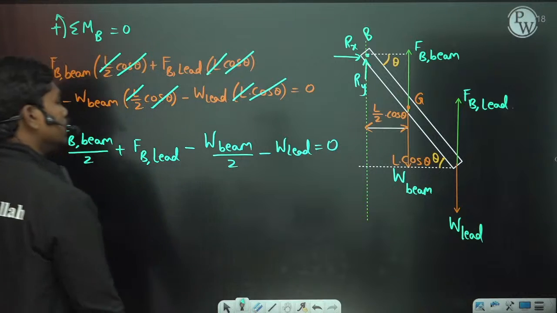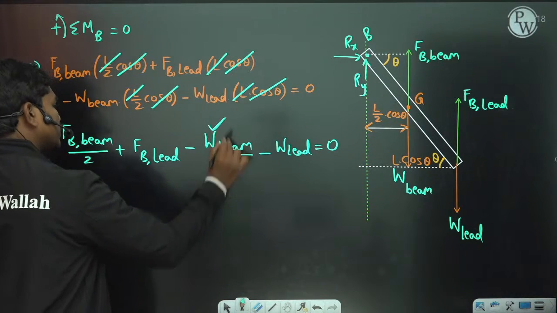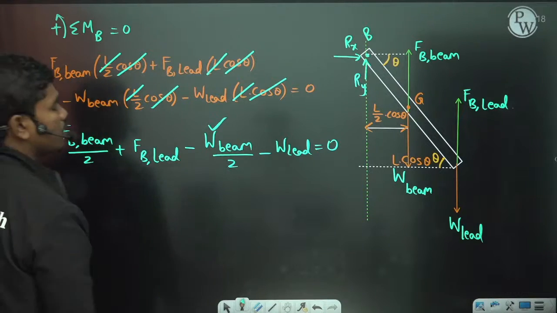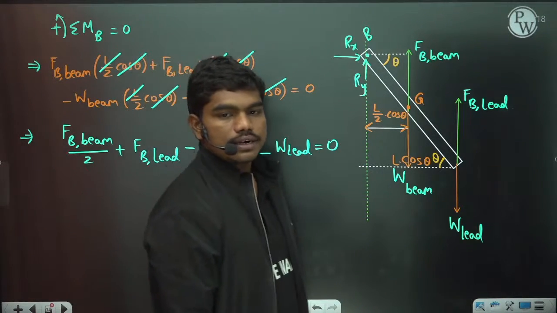This is the equation. The main point of interest is the weight of the beam, because if you calculate the weight of the beam, you can calculate the specific weight.